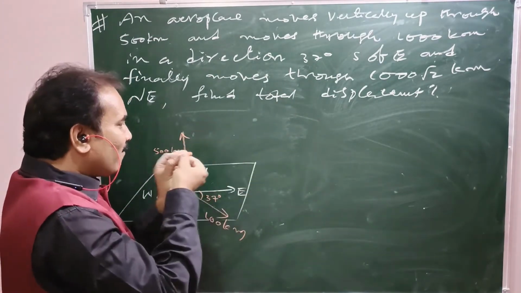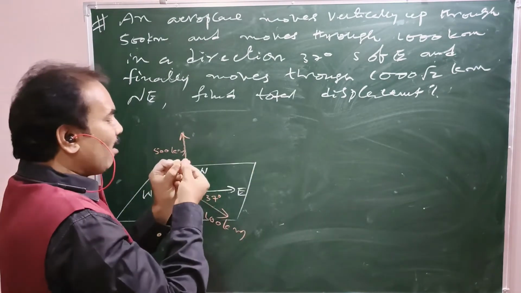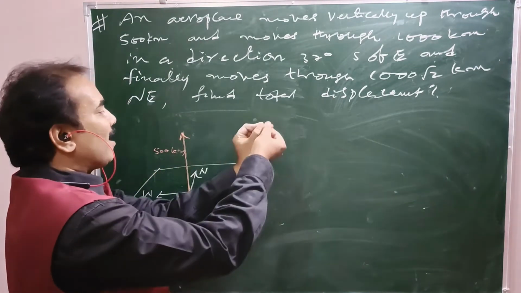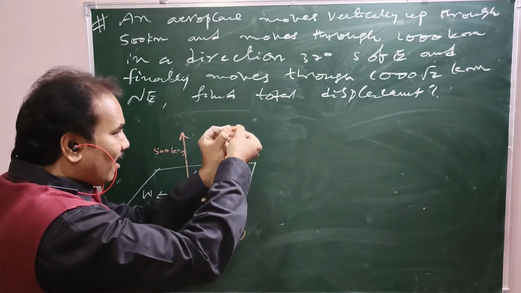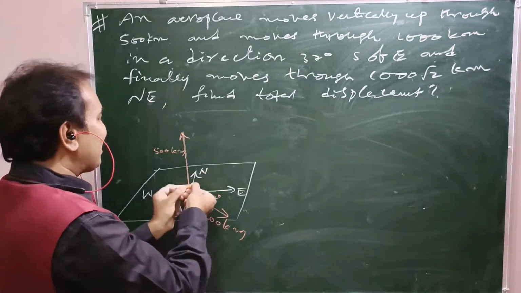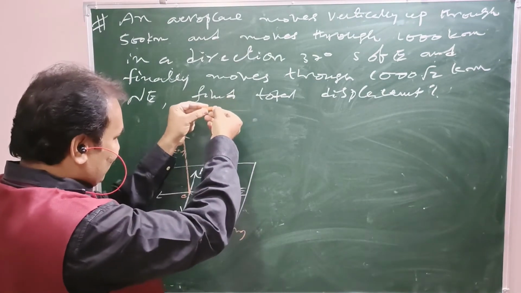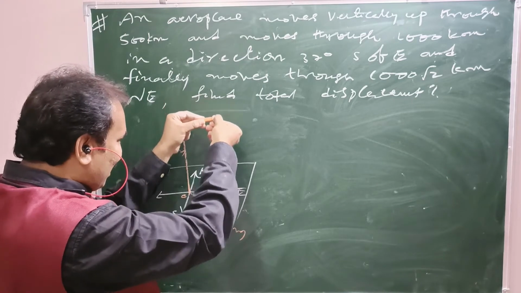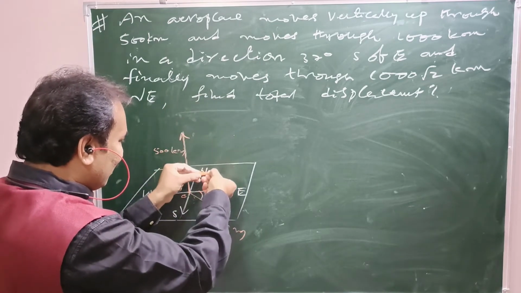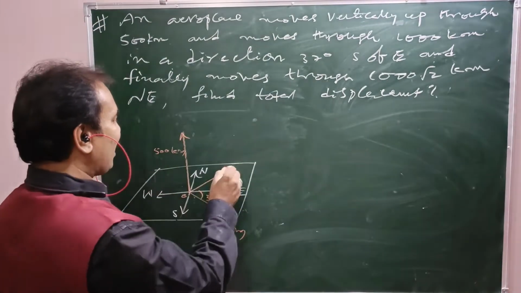It moves in the first quadrant. I am shifting that vector from top to bottom and joining it somewhere here. That vector is to be shifted parallel to itself and joined somewhere here in the first quadrant.